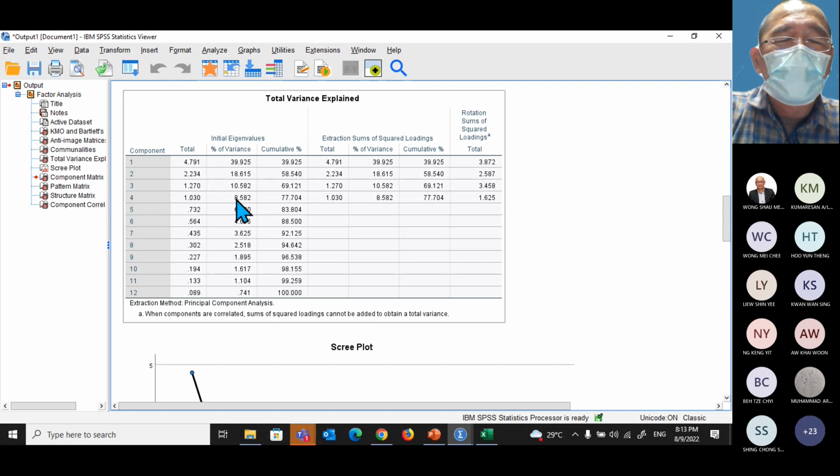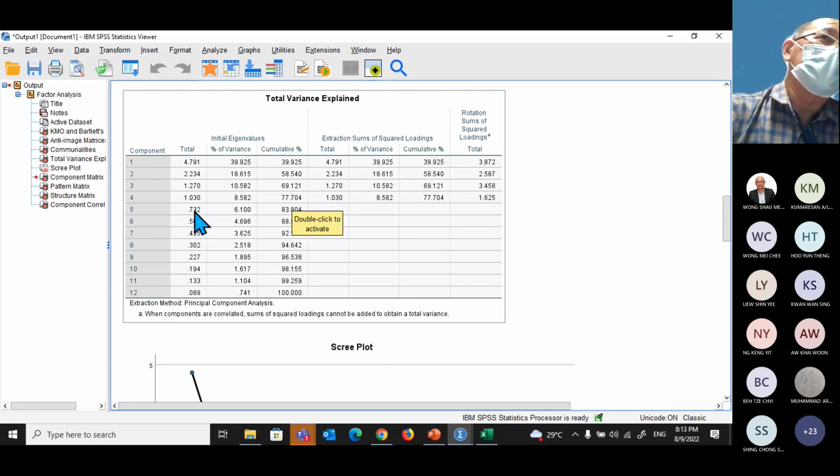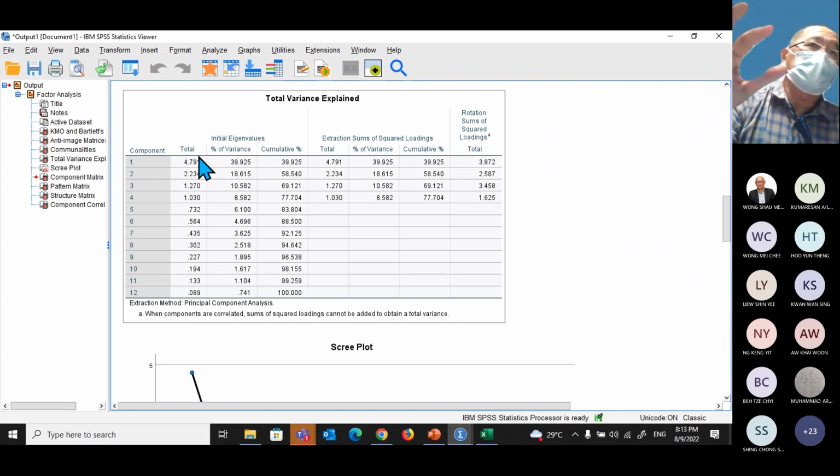In this case, can we add on component 5 to make it more than 60%, but the eigenvalue of the others is less than 1? Okay, good question. This is possible. It means the factors are quite similar. You do have some quite important variables. So you can do that.